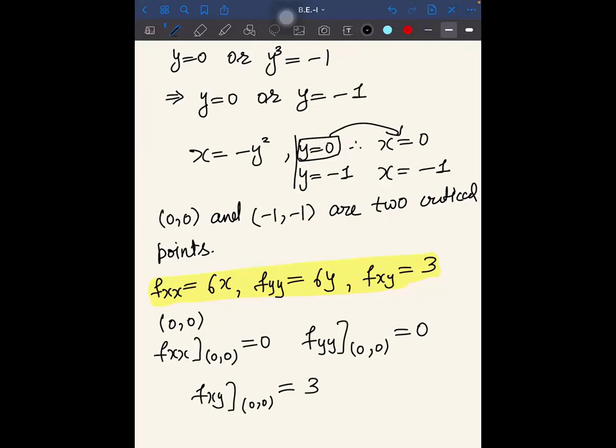So you calculate the Hessian: 0 into 0 minus 9, which is negative. So once your Hessian is negative, what would you say? Saddle point. Since H is less than 0, therefore 0, 0 is a saddle point. Fair enough?